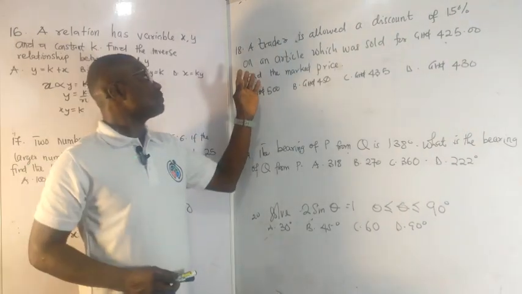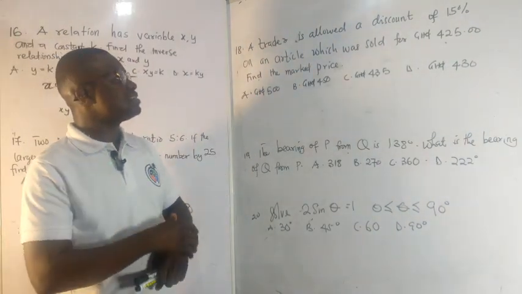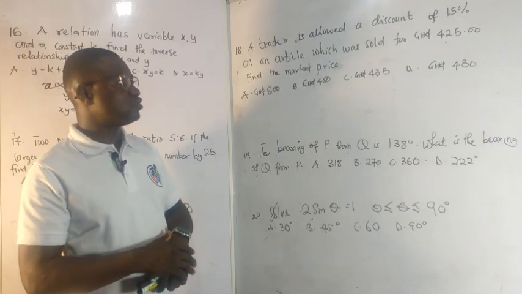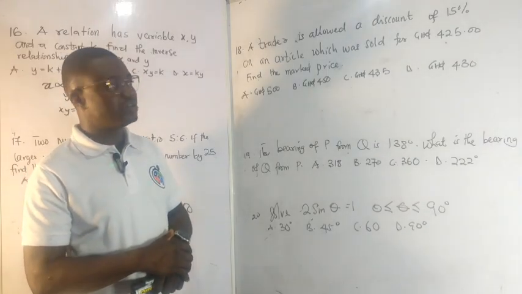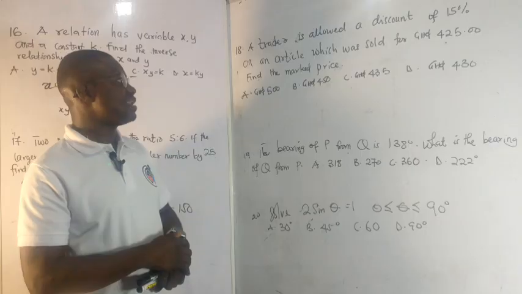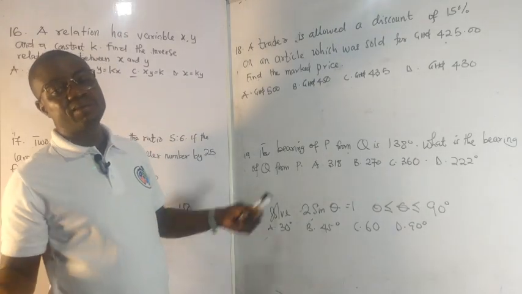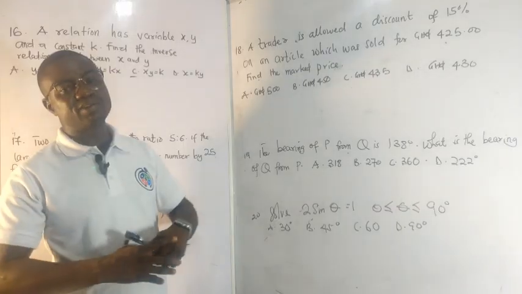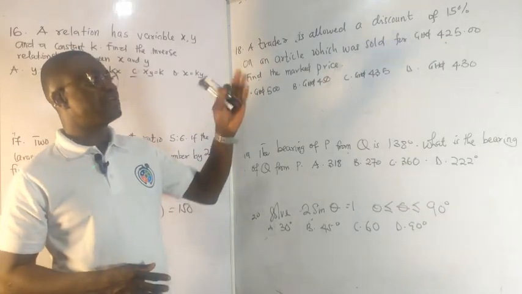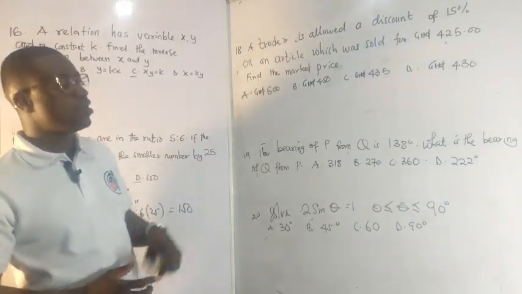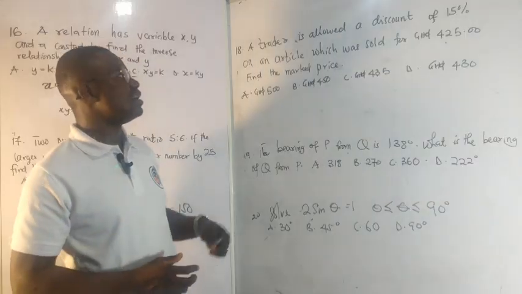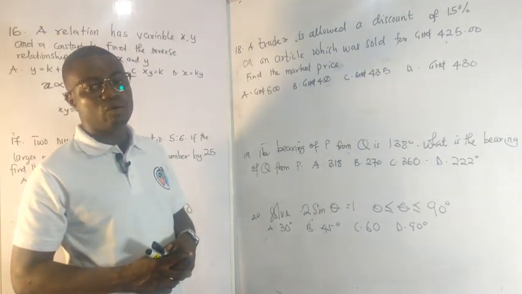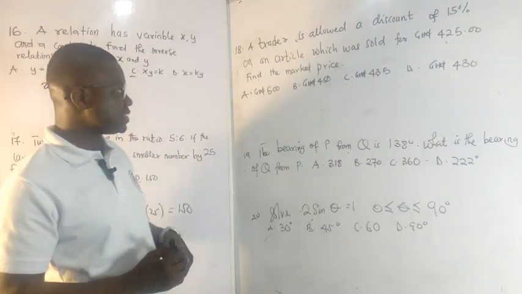Now let's look at this. A trader is allowed a discount of 15% on an article which was sold for 425 cedis. Find the marked price. Remember that anytime you are talking about the cost price, it is 100%. So if a discount is given on that 100%, it means that we now have an amount of 85%.